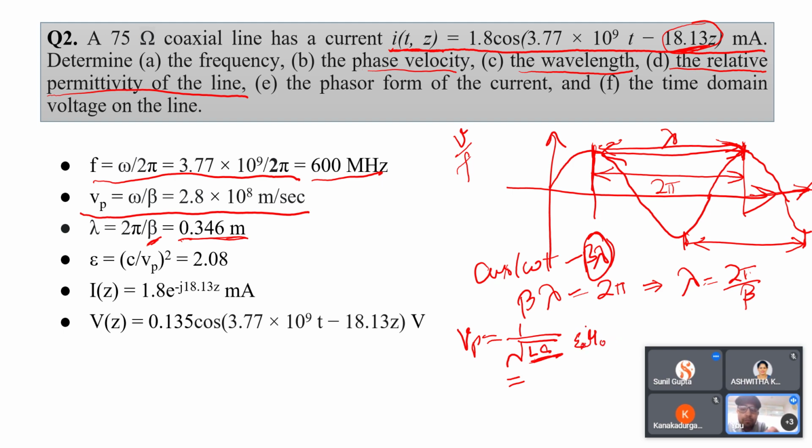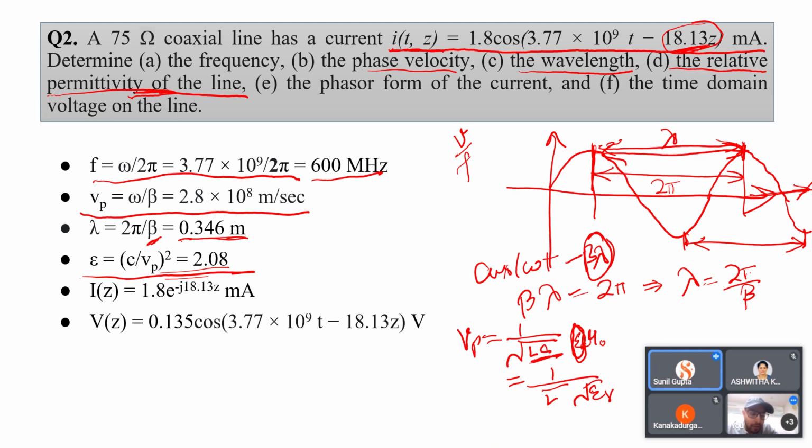But as the line is made up of some material, there should be some permittivity associated with it. So that's why we can write it like root over L1 C1 into root over epsilon R. So this will be equal to C over root over epsilon R. From this equation you can calculate the value of epsilon. Any doubt?